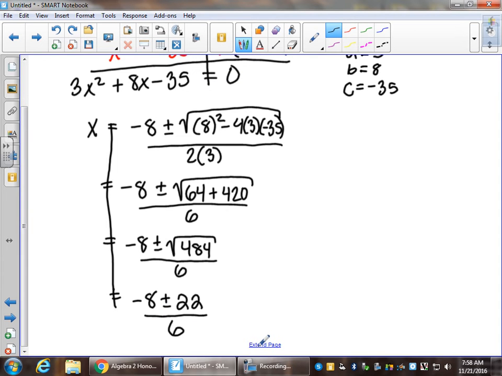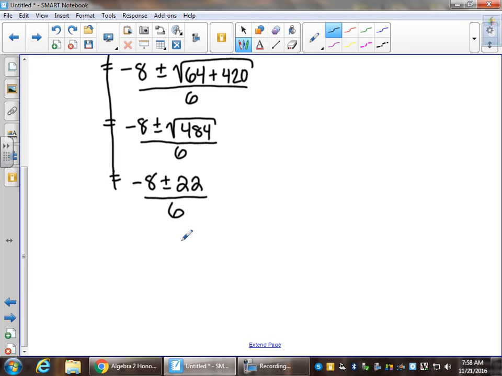Now we're down to simplifying. Ask ourselves, is -8, 22, and 6 all divisible by a same value? It is, but I see that I have no radical left. So right away, we're actually just going to break this apart and work towards 2 exact values.